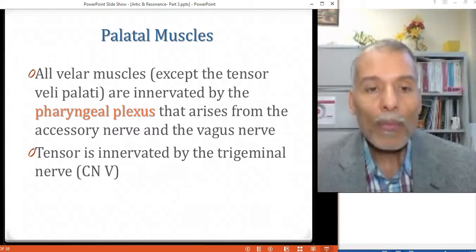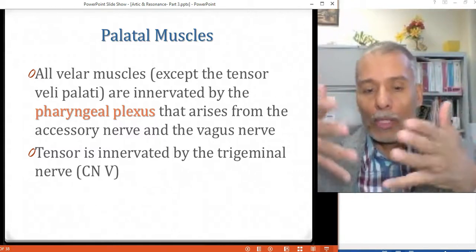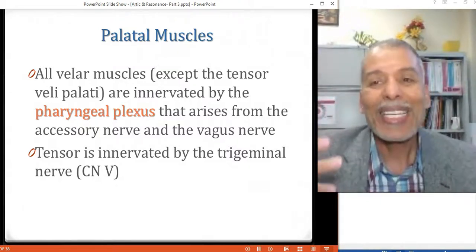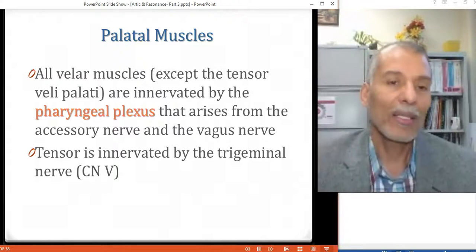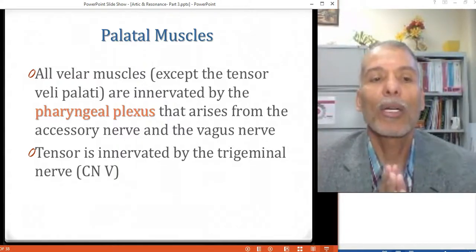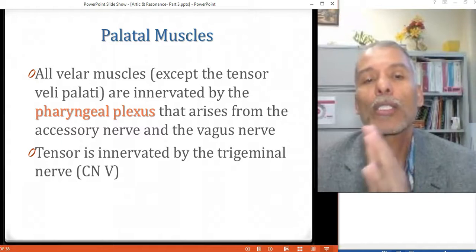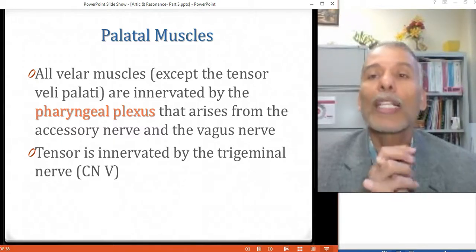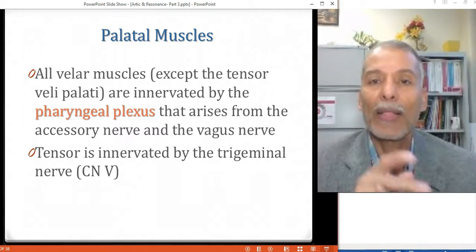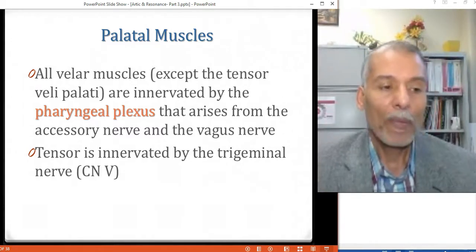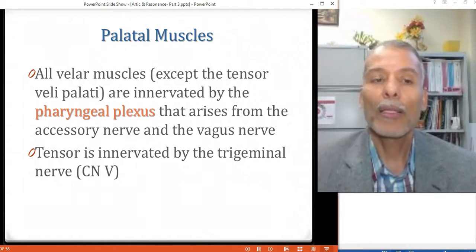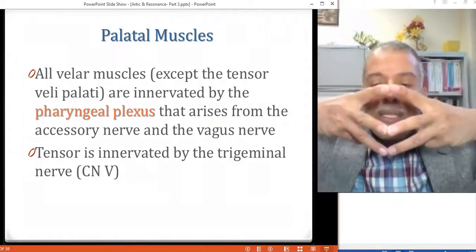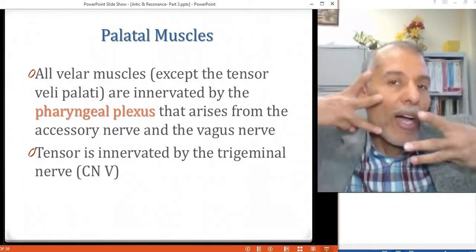So fibers from these two nerves combine to make a plexus, a complex, and that complex, the pharyngeal plexus, innervates all the palatal muscles except for the tensor veli palatini, and the tensor veli palatini is innervated by the trigeminal nerve. Trigeminal. Geminus means twin, and tri means three.